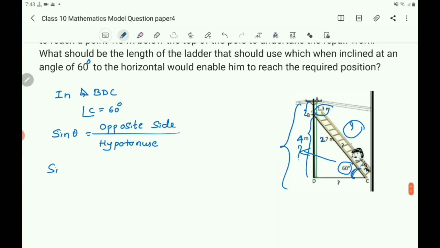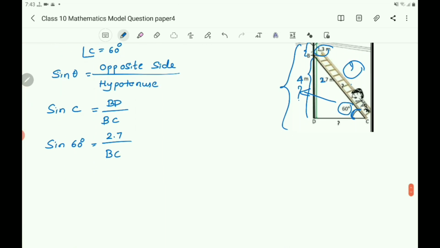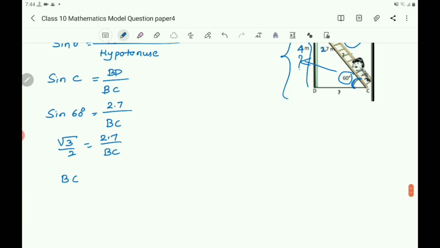That is, sine theta means sine C, you take angle C, the opposite side is BD and the hypotenuse is BC, and sine 60 degree, C is 60 degree, sine 60 degree equals BD is 2.7 by BC. What is the value of sine 60 degree? Sine 60 is root 3 by 2, that equals 2.7 by BC. Then to get BC, BC equals what? 2.7 into 2 by root 3.